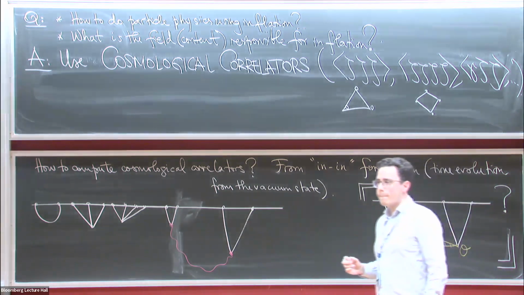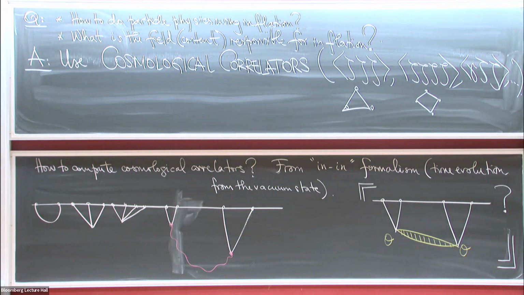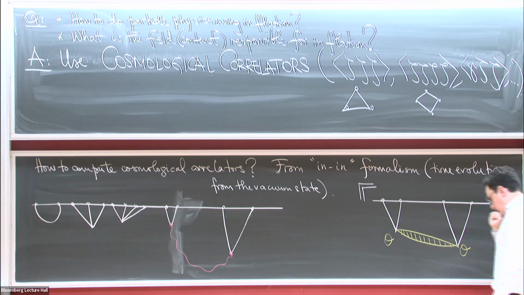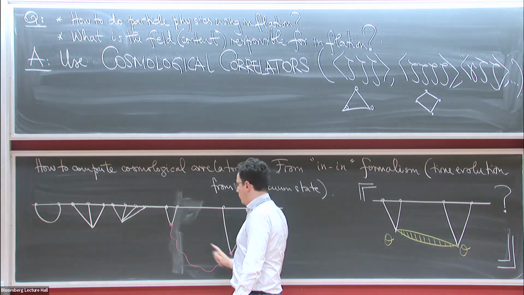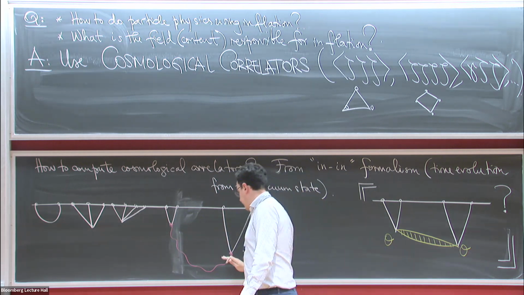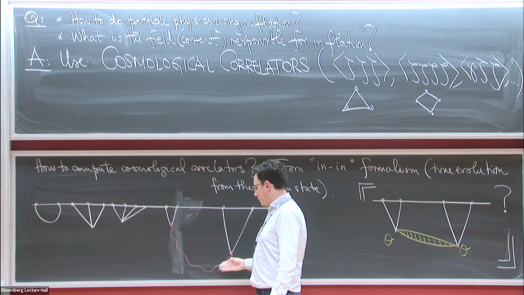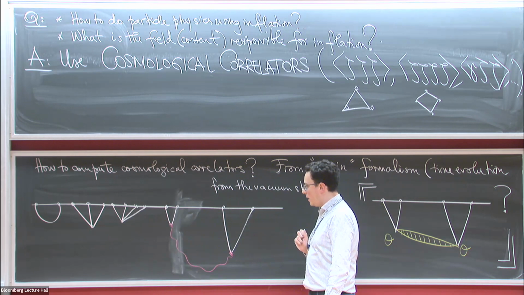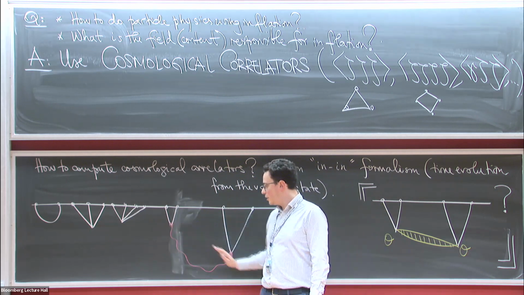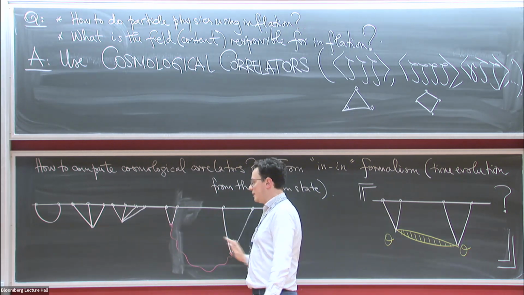How much better are bounds with a precise template rather than blind searches? I know that searches have been made for essentially this type of tree-level exchange, as a function of the mass of the particle, but mostly for scalar exchange, and it more or less interpolates nicely with what you expect.